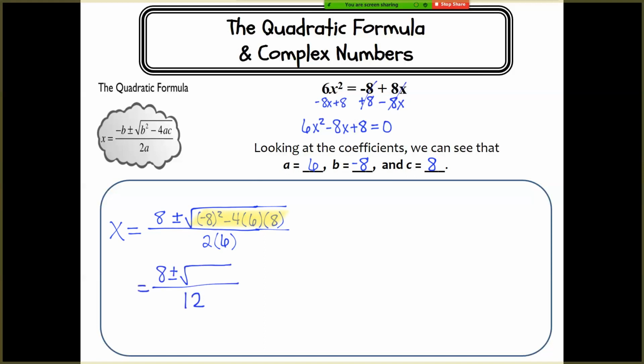So when I take -8 in parentheses squared minus 4 times 6 times 8, I end up with -128. If I look, 128 is not a perfect square. So I'm going to have to break it up into 2 numbers that multiply to give me 128, but I want one of them to be a perfect square.